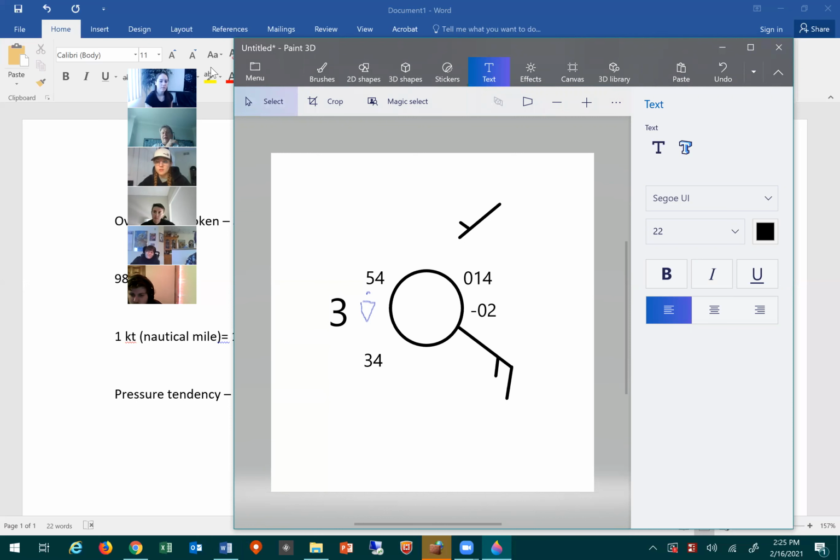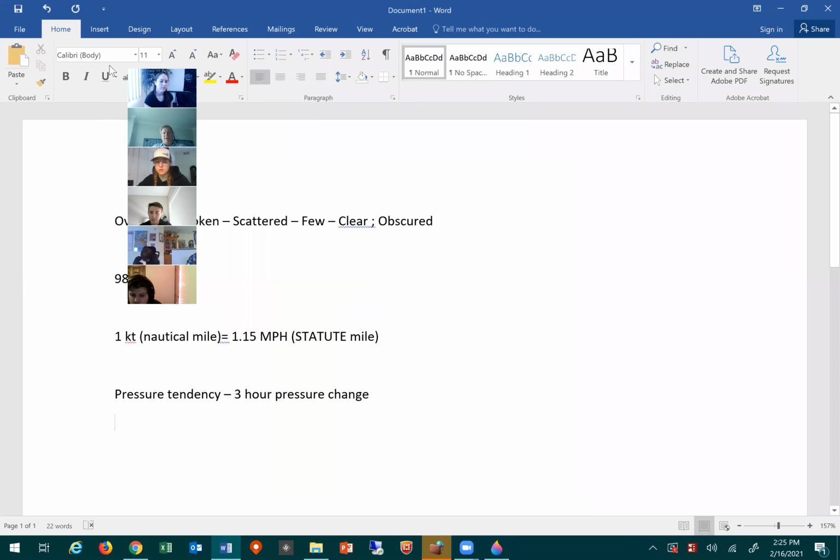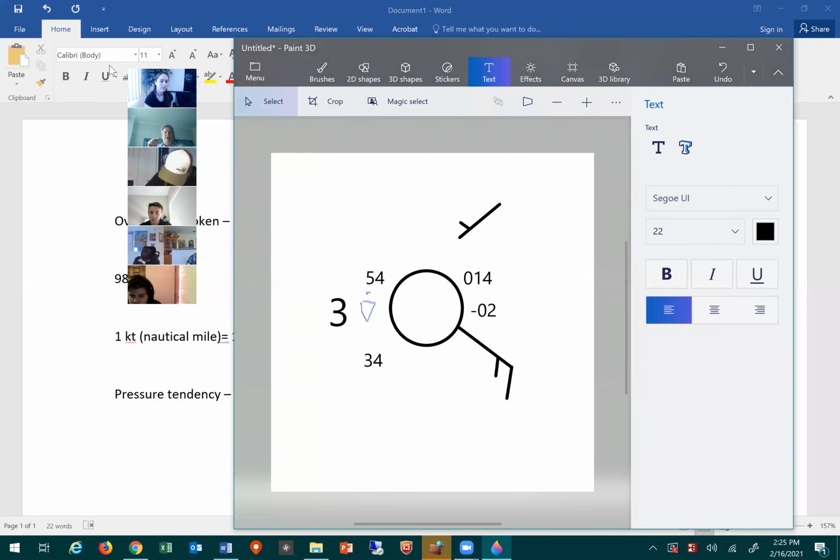It's gone down. By how much? You've only got 2 digits there. So you think it's gone down 2 millibars? Notice we're measuring our pressure in tenths of millibars. So this should be tenths of millibars as well. And so the answer is that it has gone down 0.2 millibars in the last 3 hours.